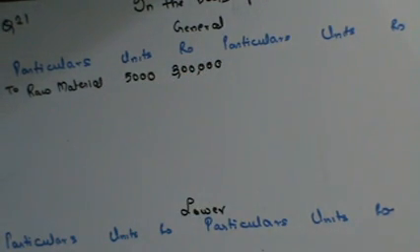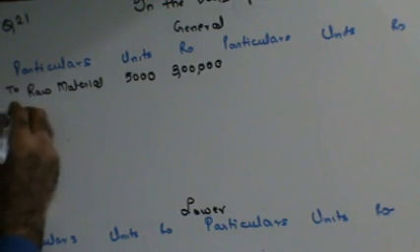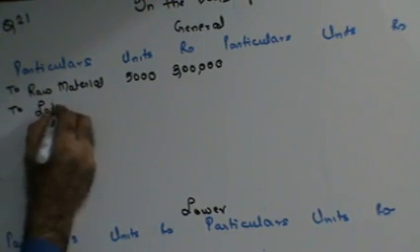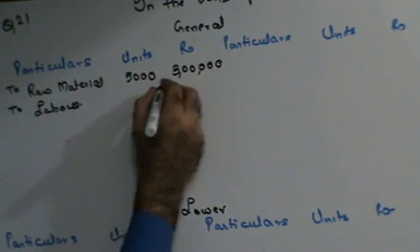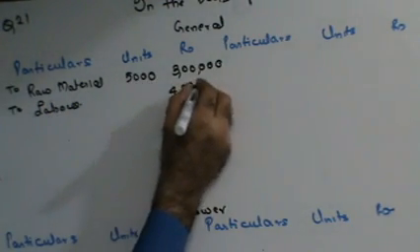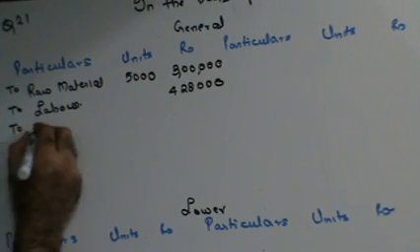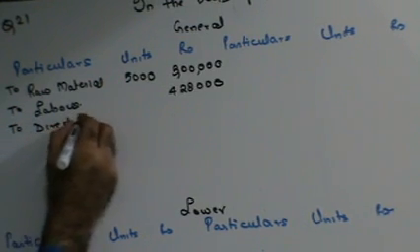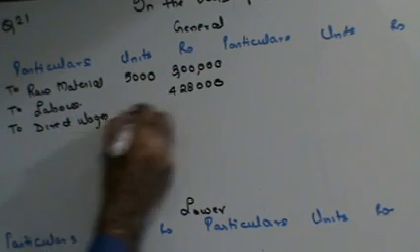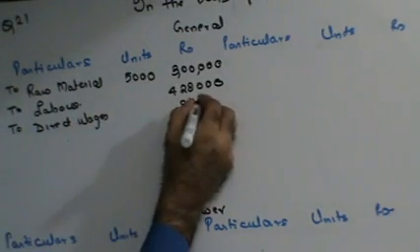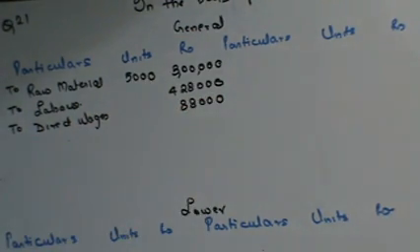Once you've done that, then you have labor. Labor is 4,28,000. Then you have direct wages. Direct wages is 88,000. That's it. Those are the only 3 things given.